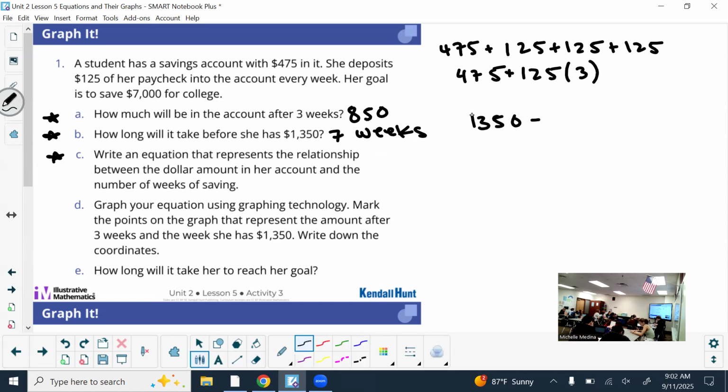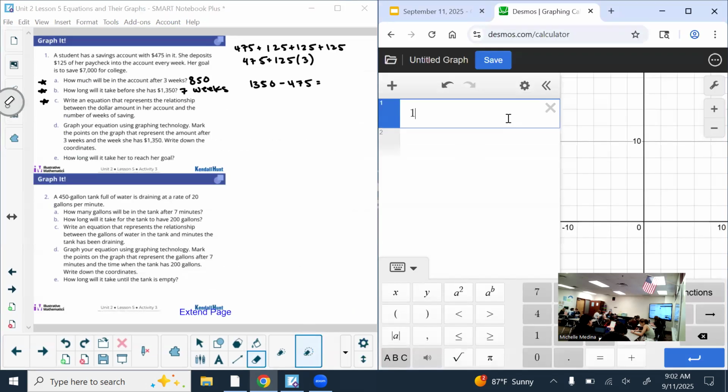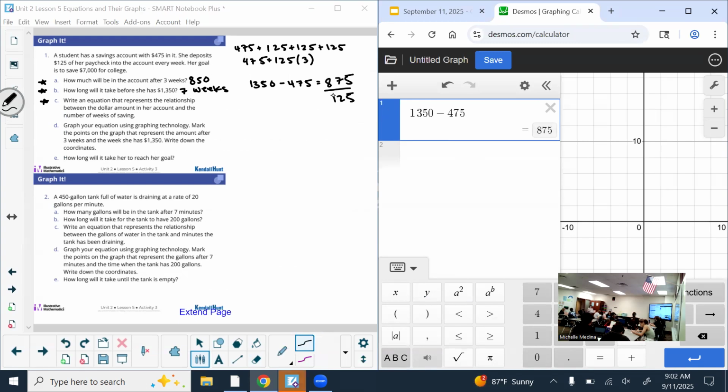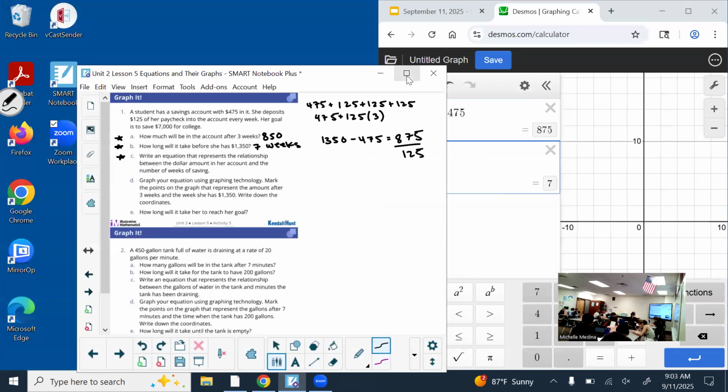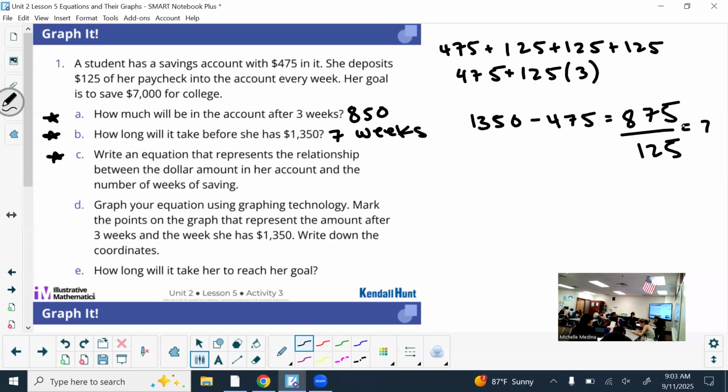So 1,350 minus 475, okay? Sorry, I heard something weird, so I'm gonna check in my calculator. 875. And then you're dividing it by 125. Okay. Which does give you 7. And that is a solid way of getting the answer.